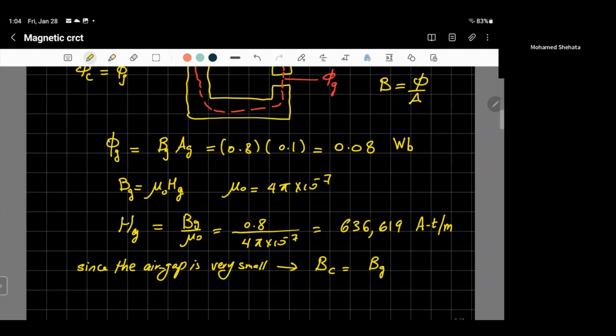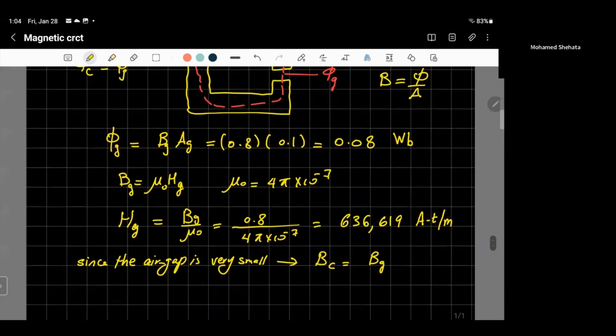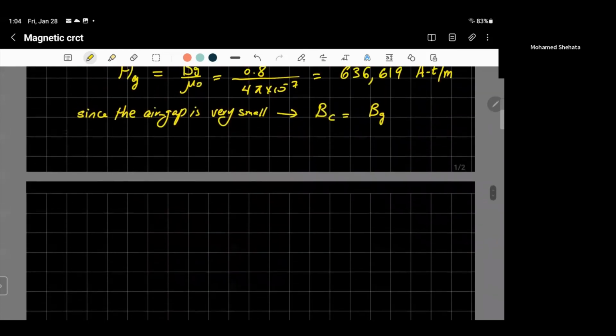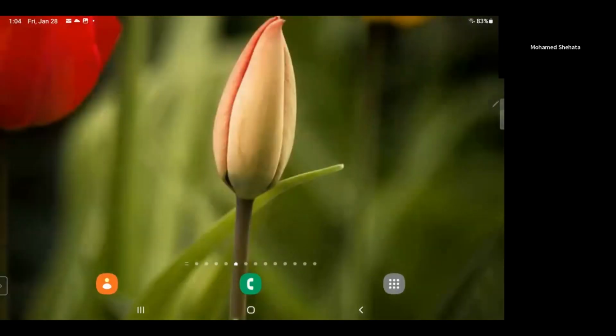So I need to find H of the core. How do you find H using B? It's the same thing we used, but we don't have mu. We have to find it from the curve, because it's nonlinear, as you know. So I have to go and get the curve.